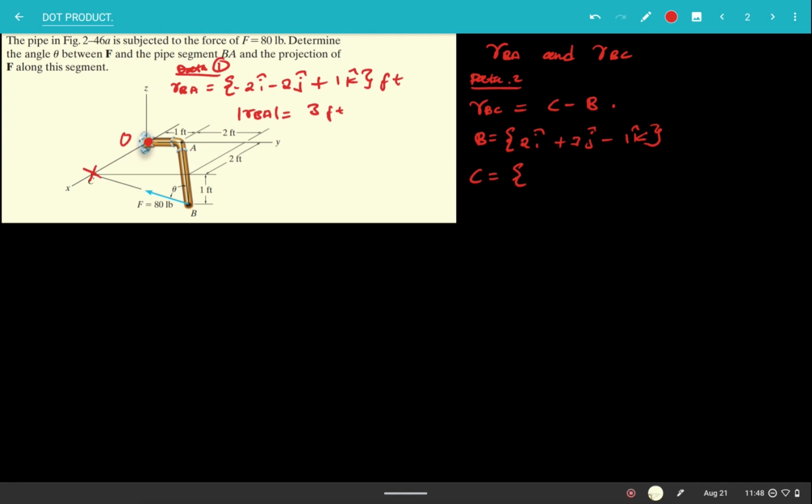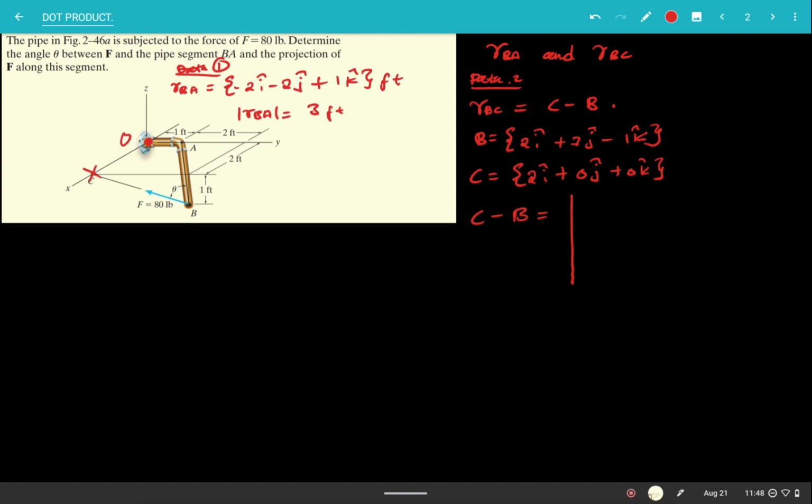For instance, we're having point C in the X alone, which means that we're only going to have its position in the X, which simply means we have 2 in the I, and the rest to be nothing, which is 0 in the J, plus 0 in the what? K.